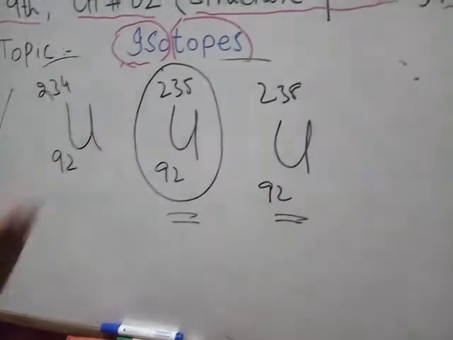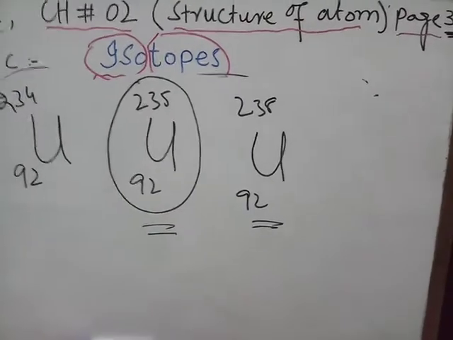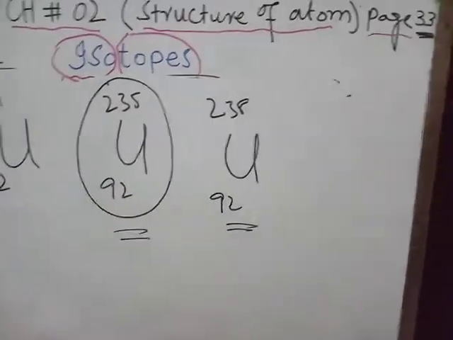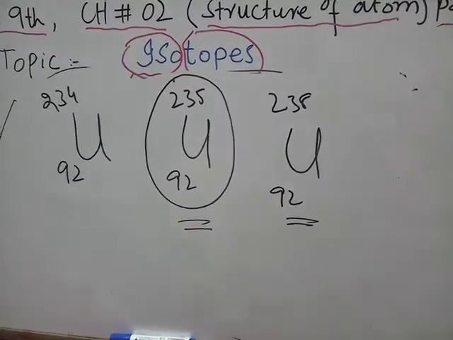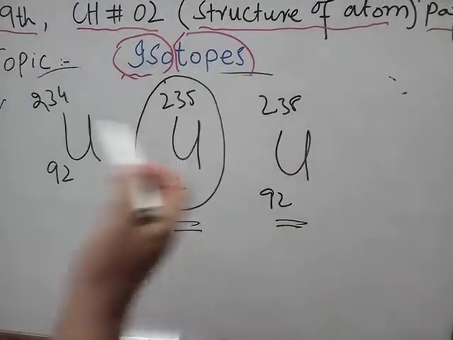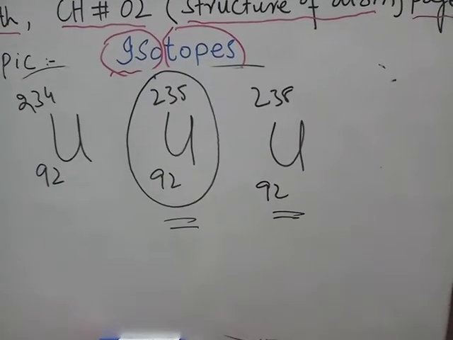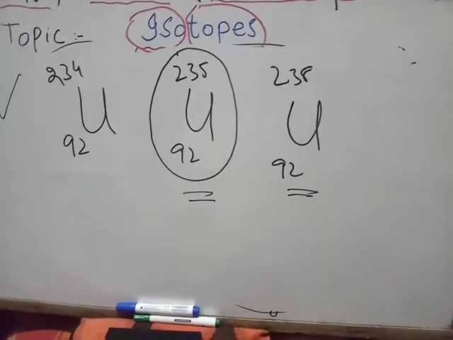When the nucleus of this isotope is hit with a neutron, it disintegrates and produces other radiations. That's why it is used in atomic bombs, and also in nuclear power plants for power generation.